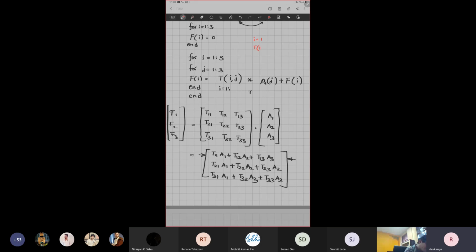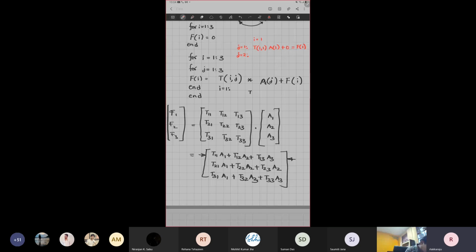So T11 multiplied by A1 plus 0 when j is equal to 1. Now j is equal to 2. So this what we are calling F1.